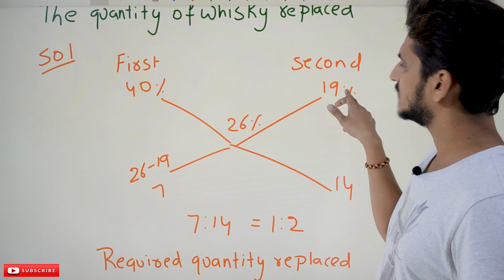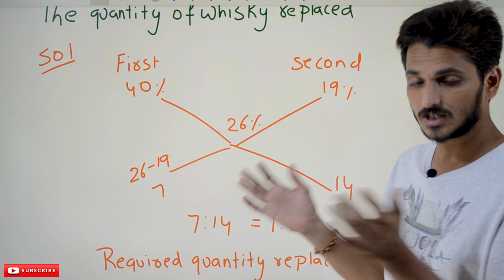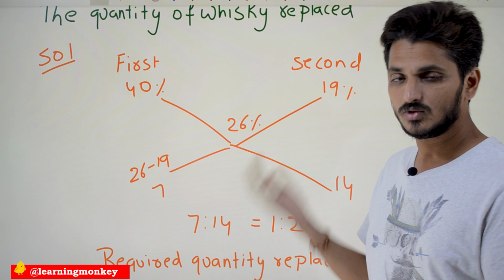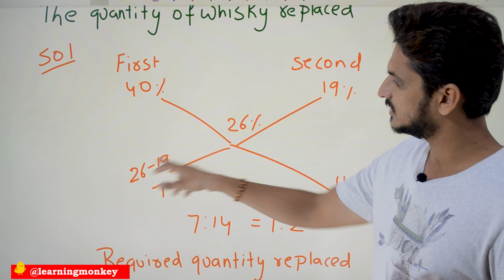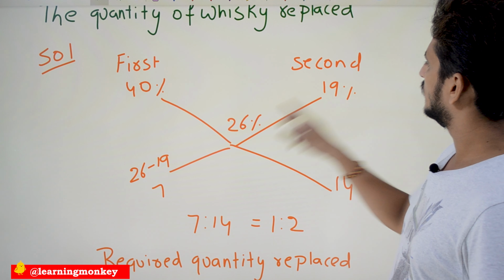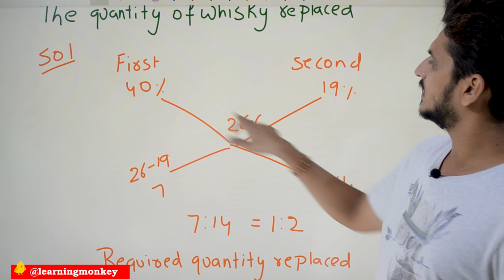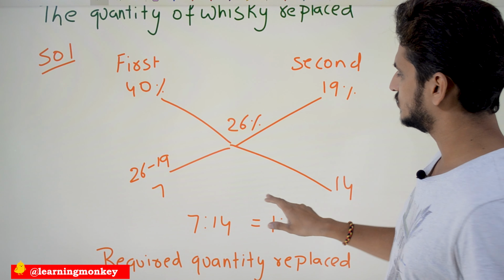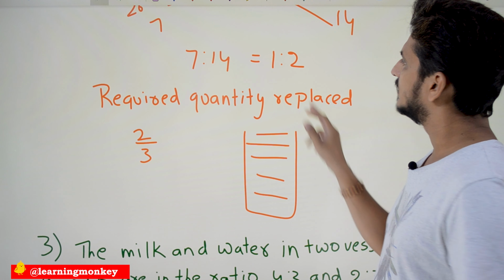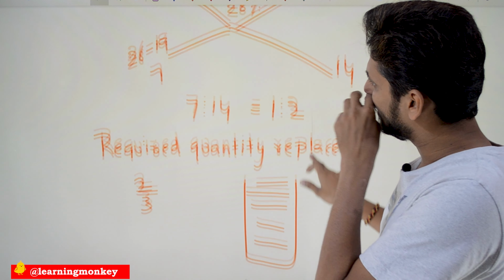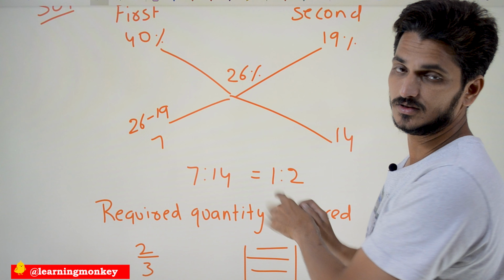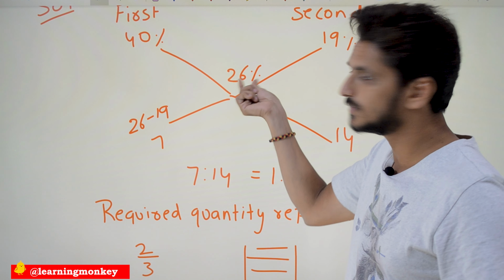The first type is 40%, the second type is 19%, and the mean variety, the mixture, should contain 26%. So what is the ratio at which we have to mix? 26 minus 19 is 7, 40 minus 26 is 14. 7 is to 14, which is 1 is to 2. If you take the first variety 1 liter, the second variety should be 2 liters. Then the mixture contains 26% alcohol.